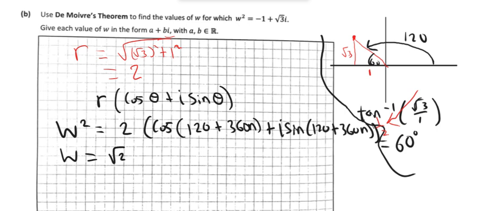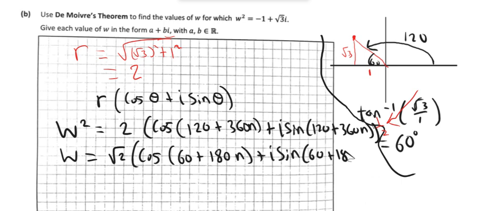So you multiply a half by that and by that. We get cos of 60 plus 180n, since dividing by 2 makes 360n into 180n, plus i sine, same thing again, 60 plus 180n.